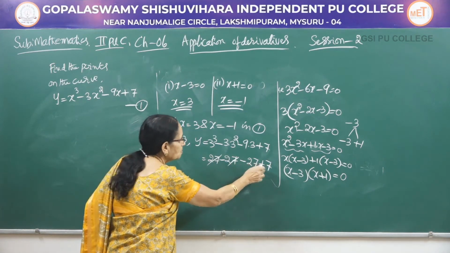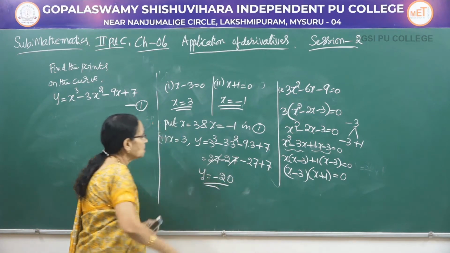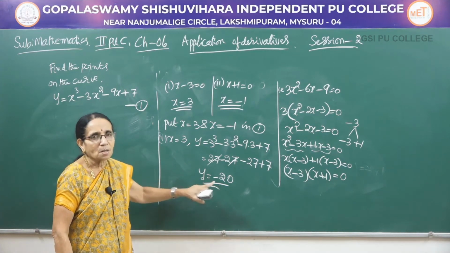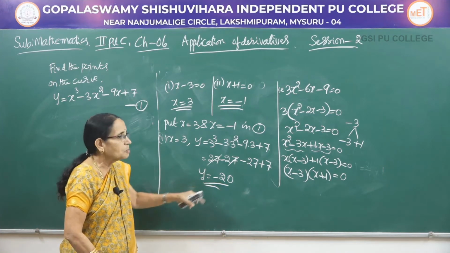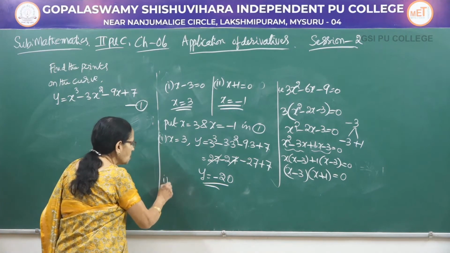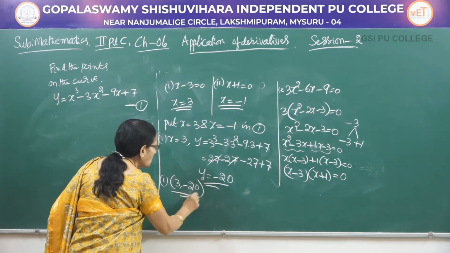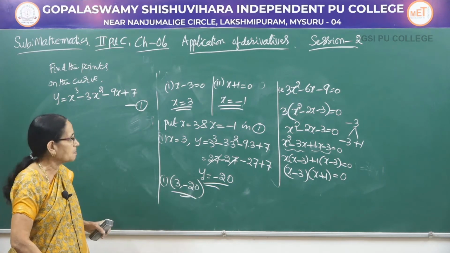Minus 27 plus 7 is minus 20. So, when x takes the value 3, y takes the value minus 20. Therefore, the coordinates of the first point are 3 and minus 20. You can write the point in the formal form, it is 3 comma minus 20. This is how we write the coordinates of a point.